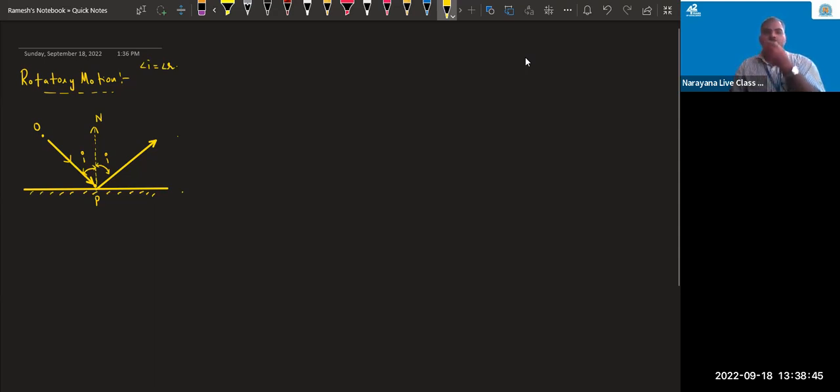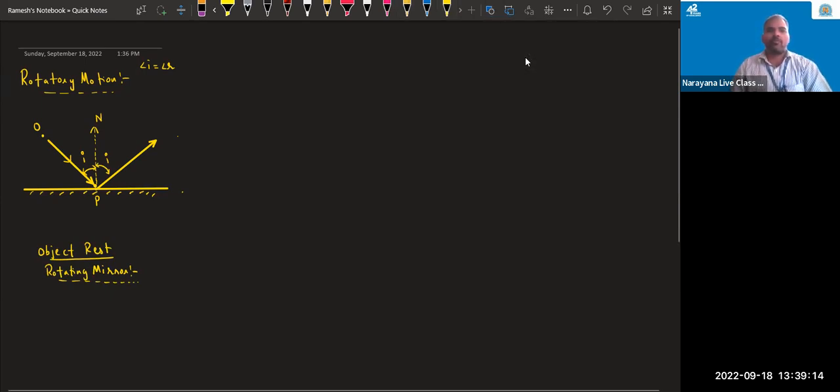Now, what I will do, I will rotate the mirror. I will keep object at rest, first case, and rotating mirror. So tell me what will happen. I rotated the mirror like this.